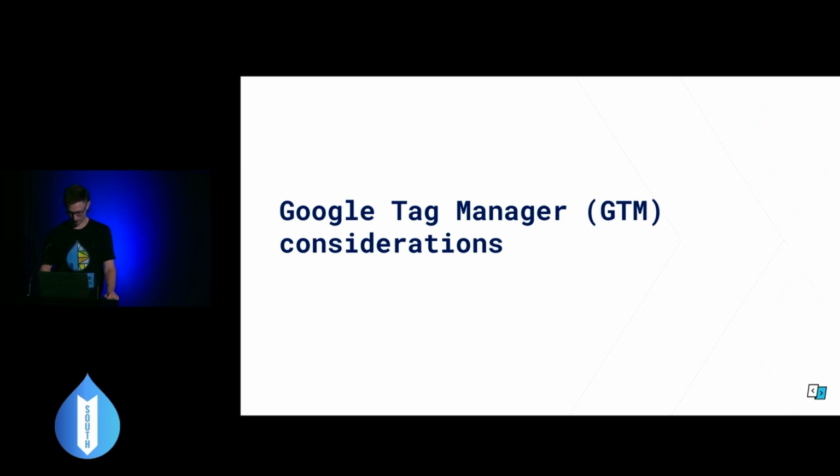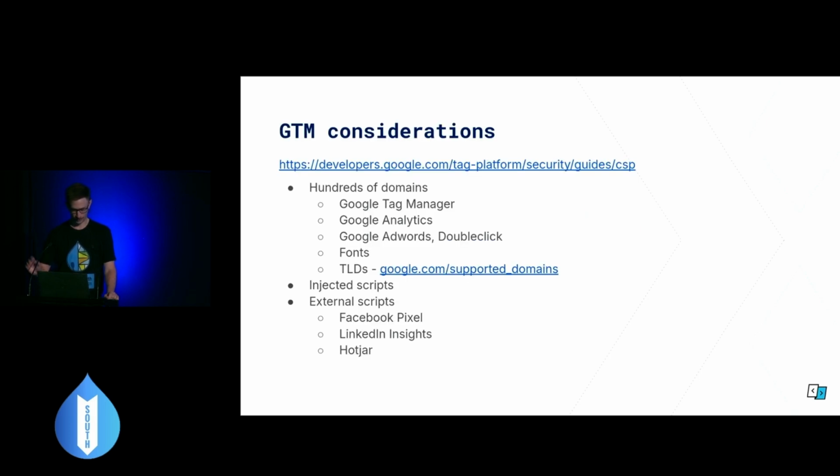But anyway, Google provides some documentation, which is pretty good, on how it thinks you should implement CSP for GTM. There's a link at the top there. But the problem here is they suggest there's literally hundreds of domains that you might need to add to your policy.